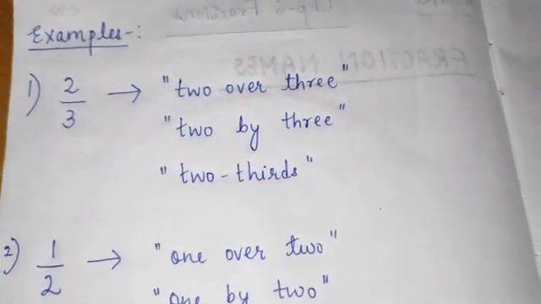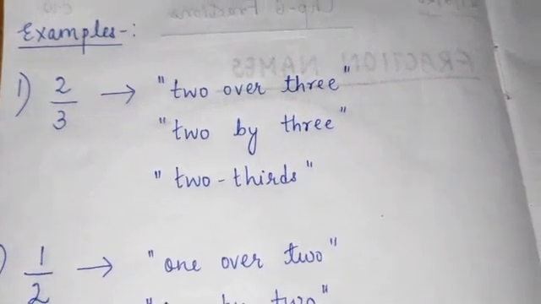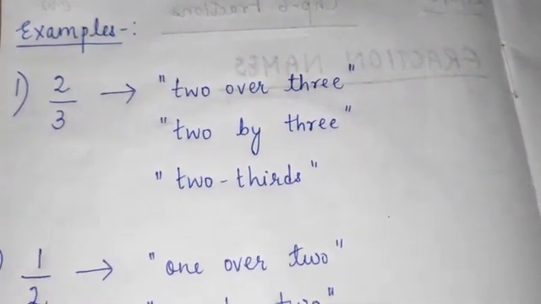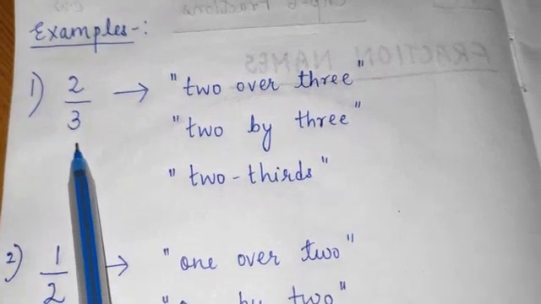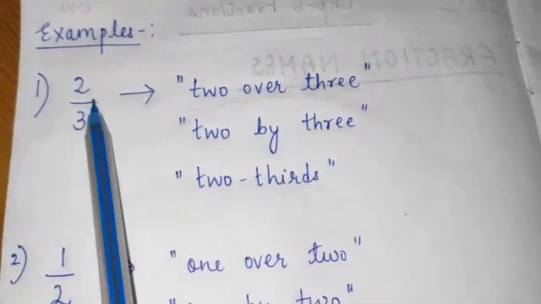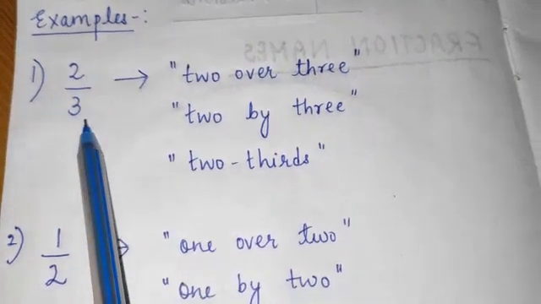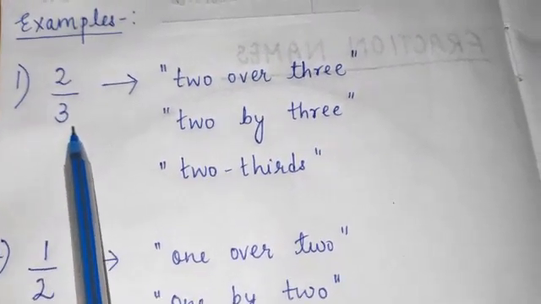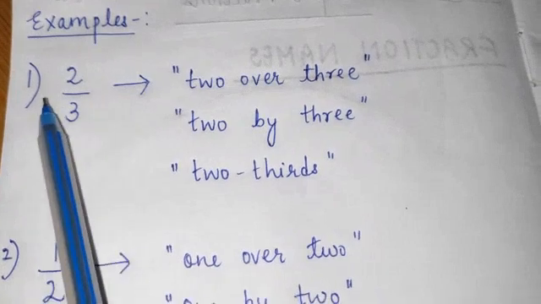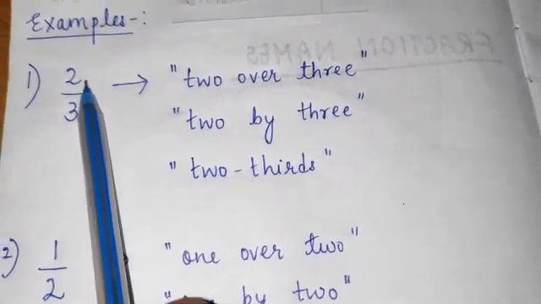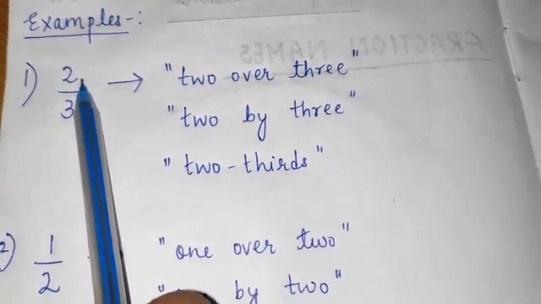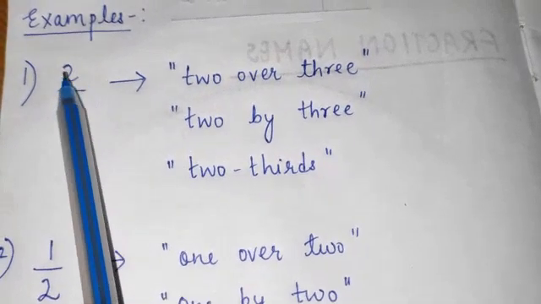Children, let us learn how to write the names of fractions by the following examples. Here I have written a fraction 2/3. In the numerator the number 2 is there and in the denominator the number 3 is there. So out of the 3 parts in total, 2 parts are shaded or taken.